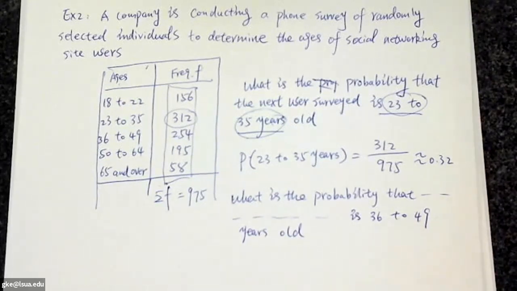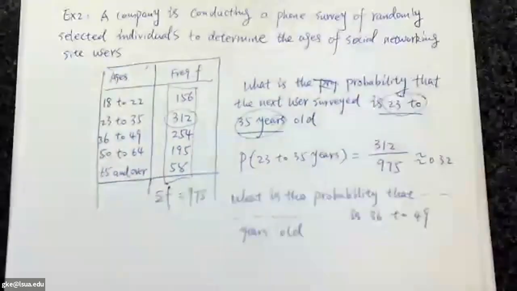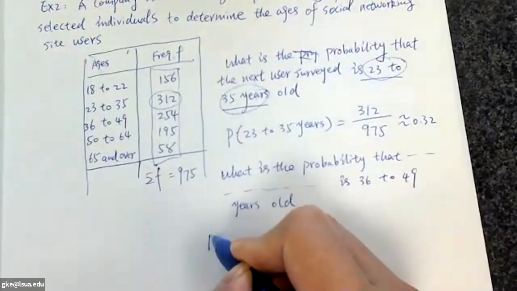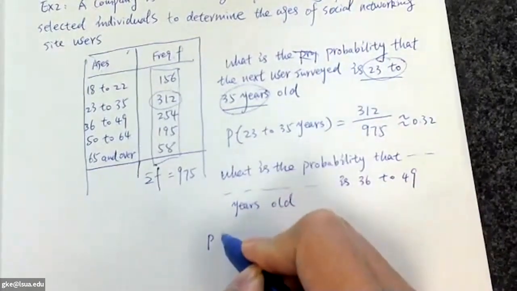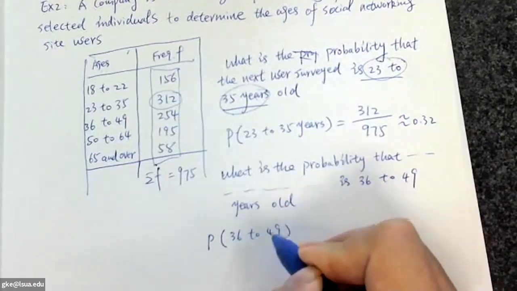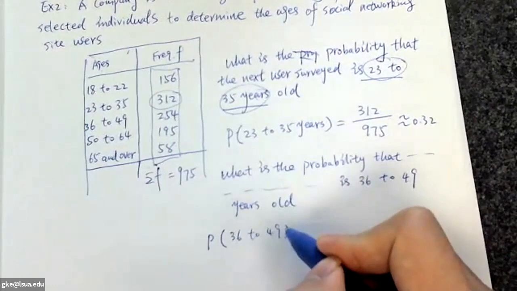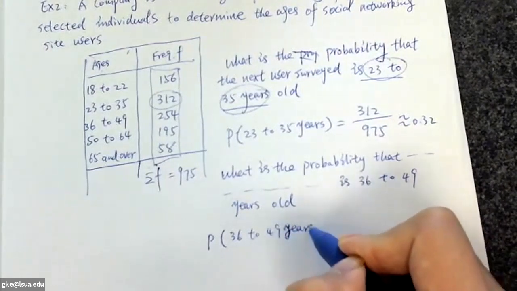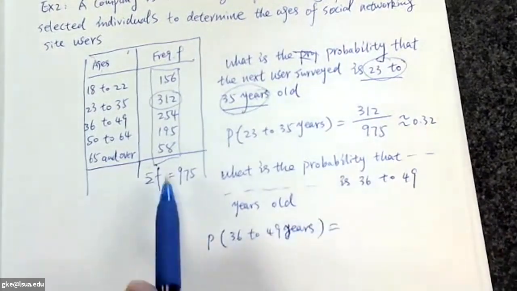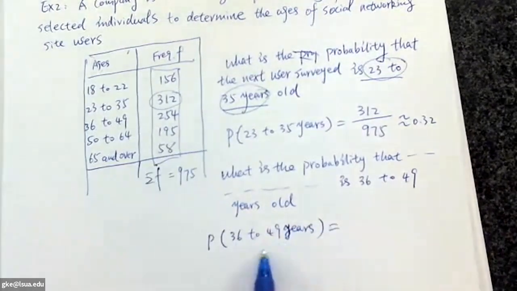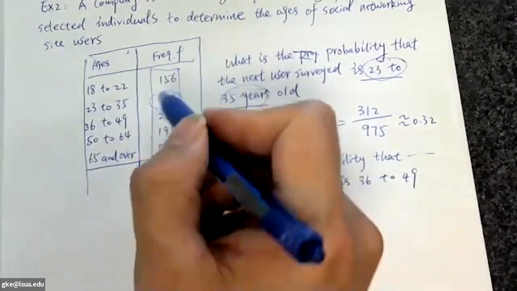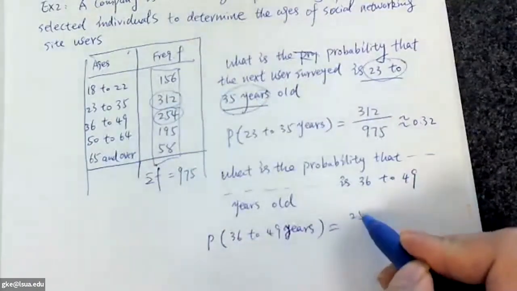Okay, I think you guys should get it very quickly, right? This is a very straightforward question. Now let's take a look. The event is between 36 to 49, so for the numerator we check the frequency for this event in the table, and that is 254.